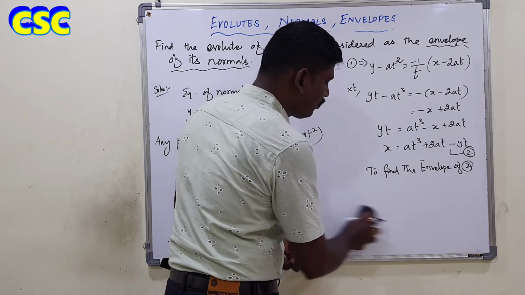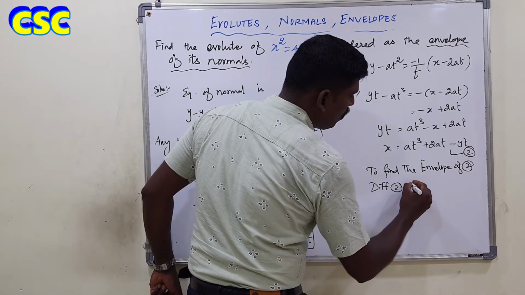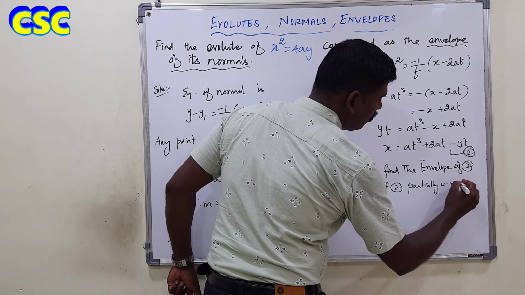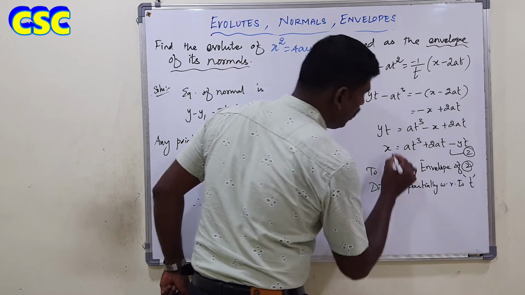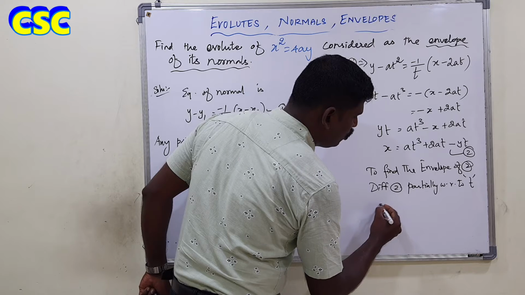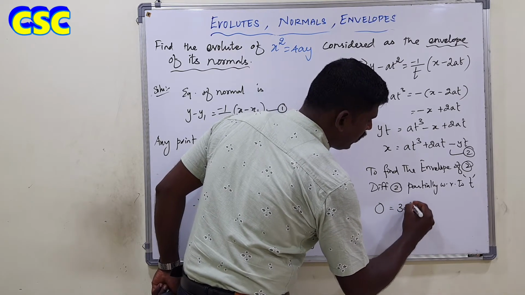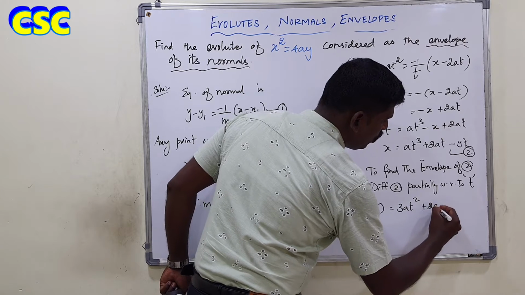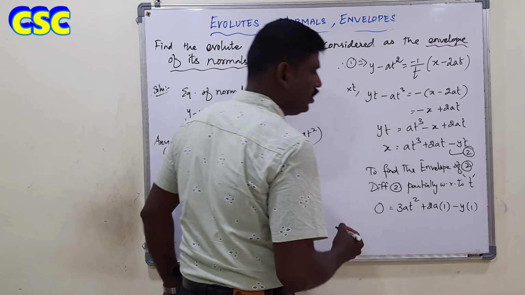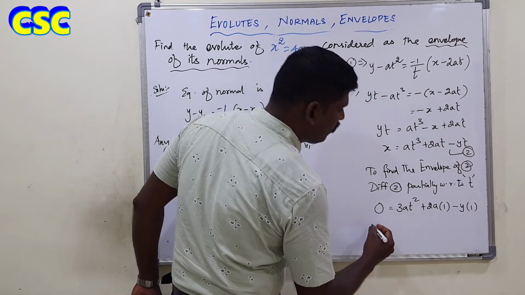So differentiate 2 partially with respect to t. Okay. So x and y are treated as constants. So x becomes 0, equal to at cube becomes 3at square, plus 2a into 1, minus y into t becomes 1. Y is constant. Right? So from that I am going to find the value of 3at square.